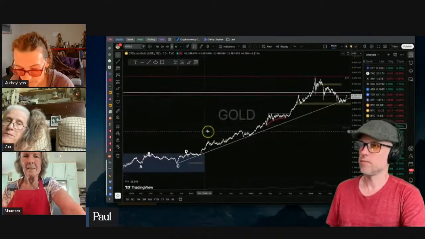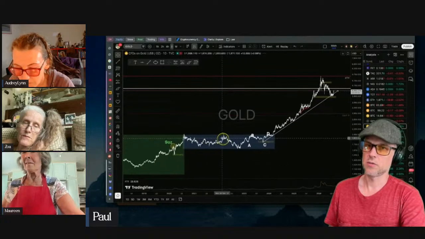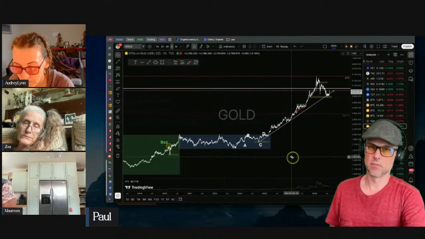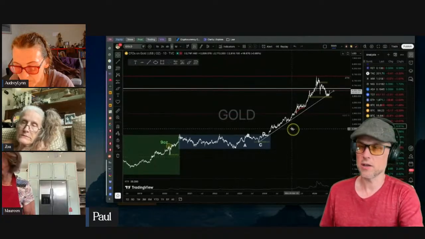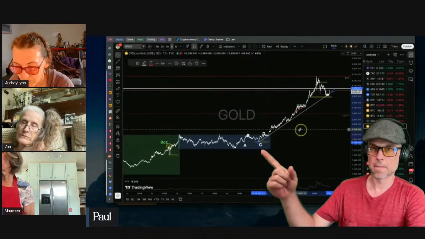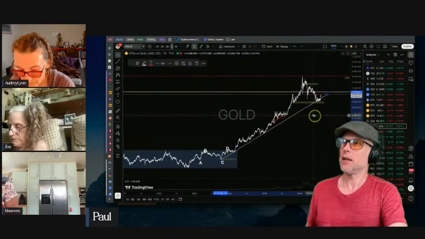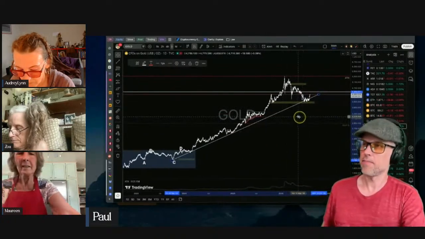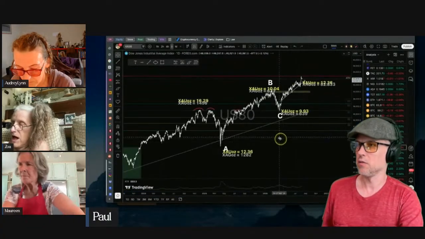Zoom out, and gold is doing quite well. It's just following this trend line from September 2023. I like showing it in these different perspectives because it's kind of like what happened with the US 30.